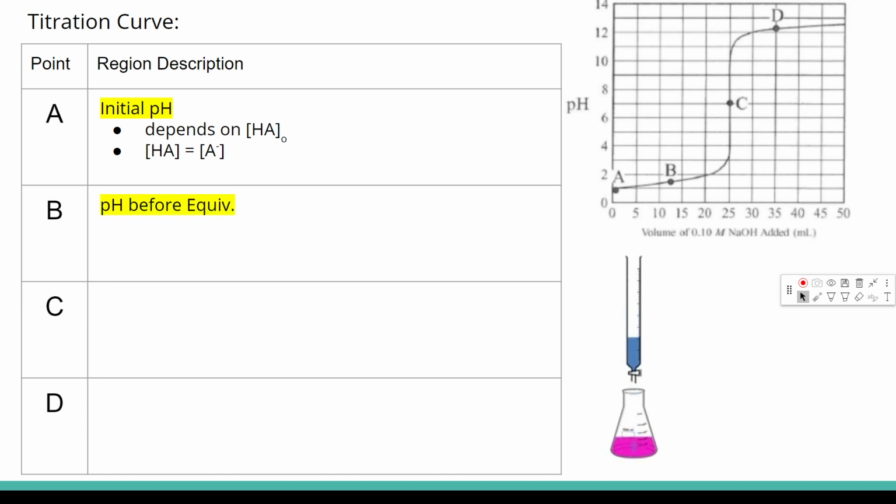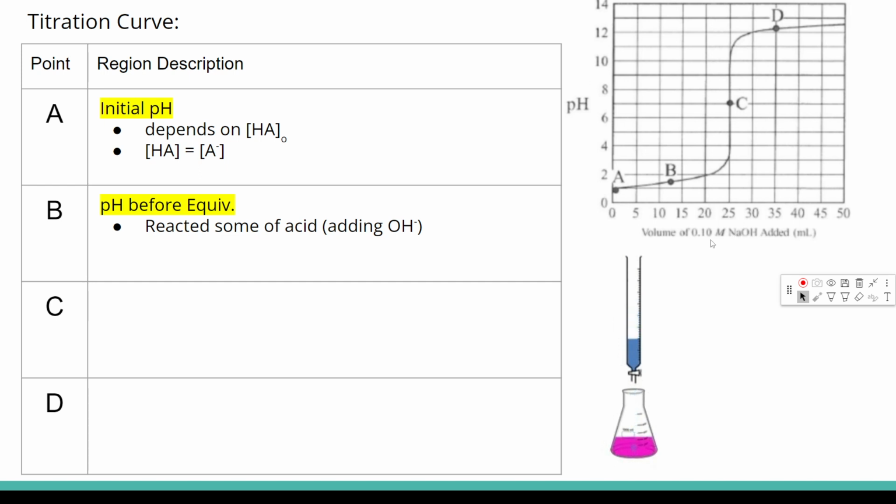And then part B is the pH before the equivalence point, right? Because it's any point here really, so we're just picking B, but it could be any point there. And so some of the strong acid reacted, because we are adding strong base currently.